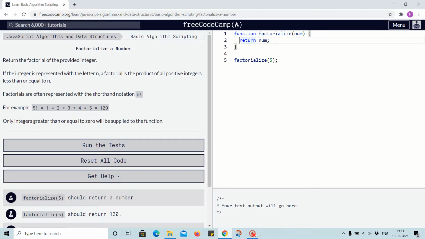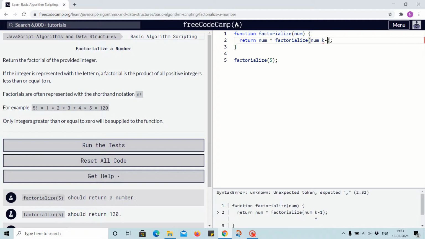In that case, return num times factorialize(num - 1).